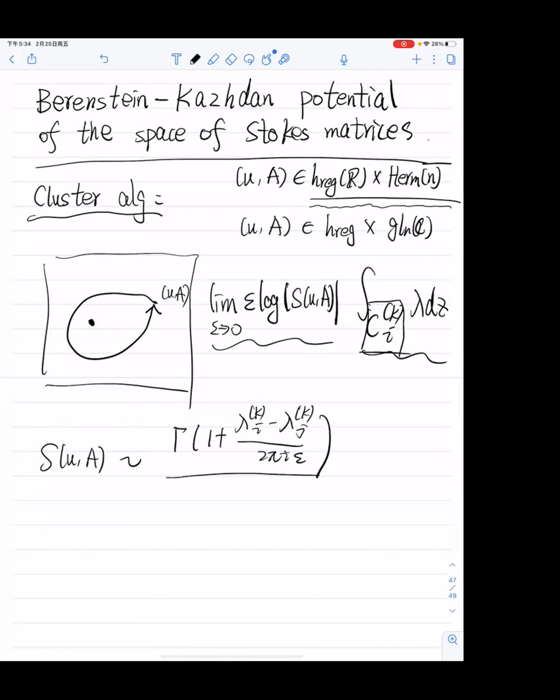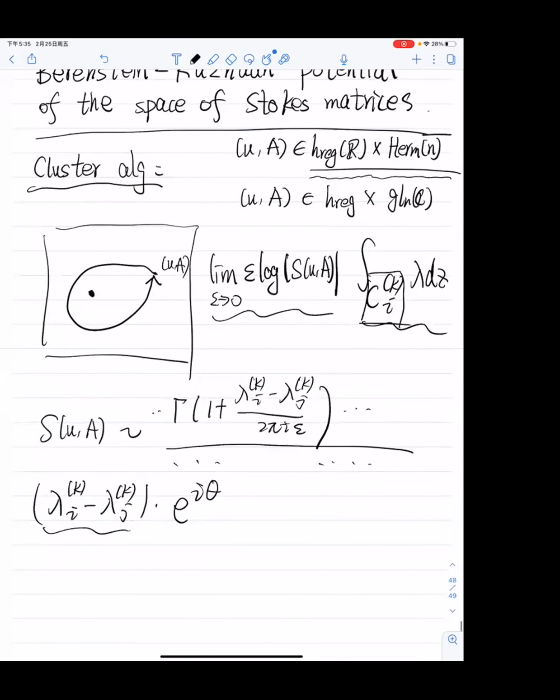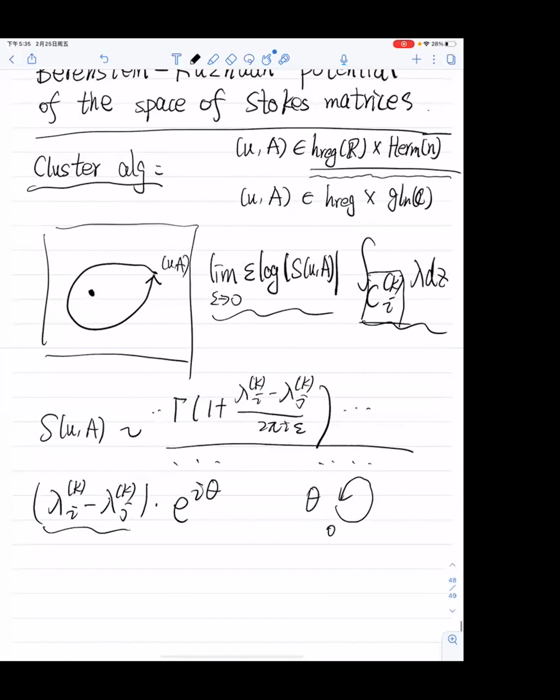Right, so there are some similar terms. Now, if we go to the complex setting, and we multiply this number by some exponential of 2 pi i theta, and we let theta go around from 0 to 2 pi.